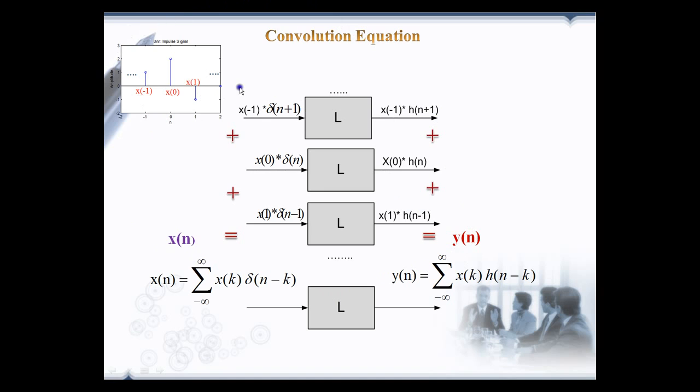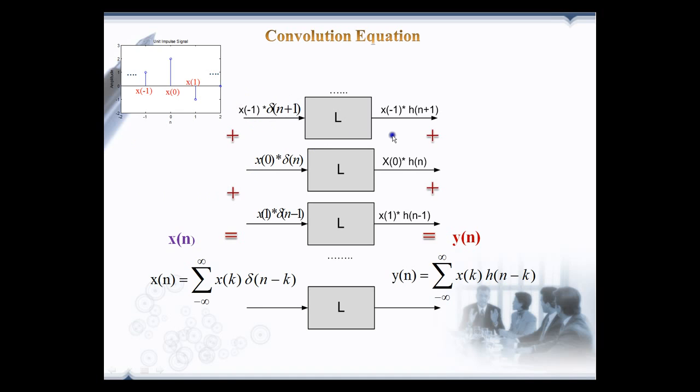Let's take an infinite length signal x[n] with 3 samples for example, which are at the sample indexes n = -1, 0 and 1. The sample at n = -1 is expressed in terms of a shifted and scaled unit impulse.